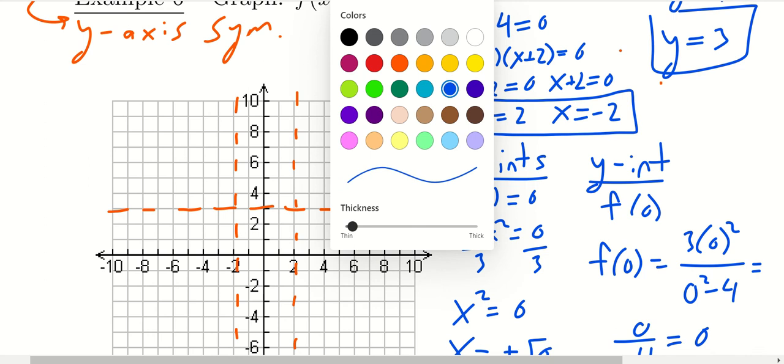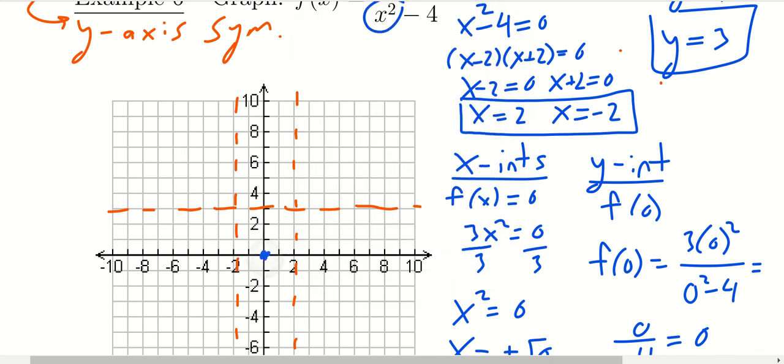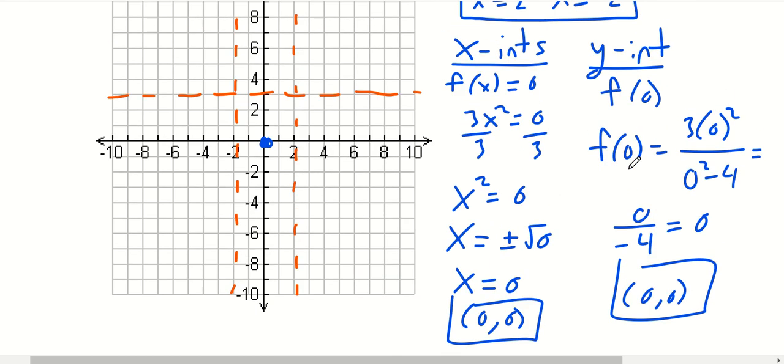And then our x-intercept and y-intercept both happen to be 0. In terms of drawing this, we know it has to follow the intercepts, like this. But we don't know what's going to happen over here to the left of -2, nor do we know what's going to happen to the right of +2.